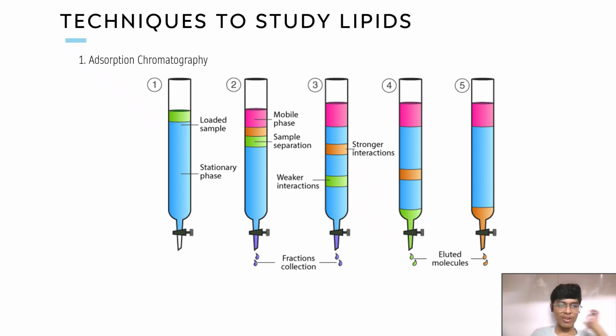Basically, the stationary phase is added to a column, which would be silica gel, and then a sample with lipids is loaded. Then the mobile phase, the solvent, is poured on top of the sample so that it can pass through it.